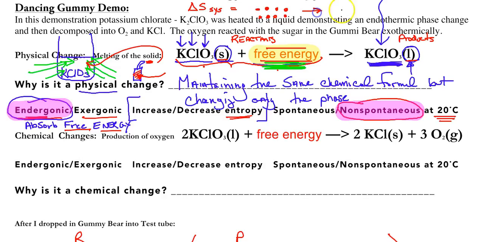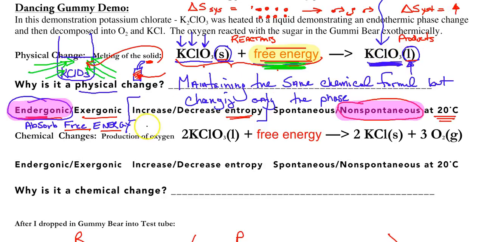It became a liquid where they're not organized anymore and every individual molecule or particle is free to move, unlike in a solid, where they're in a fixed position. We can say the delta S of the system in terms of the particles definitely increased. They got more random. Liquid particles are more random than solid.